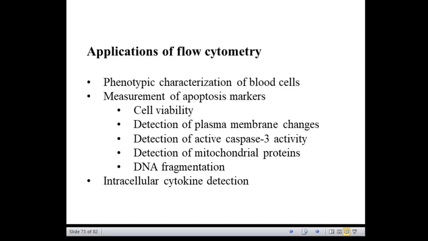The detection of cell viability by flow cytometry is based on a simple but powerful principle: the viability of cells can be easily determined in flow cytometry by adding one of the DNA binding dyes. So the concentration of the dye will be known to you. Now this will determine live and dead cells.